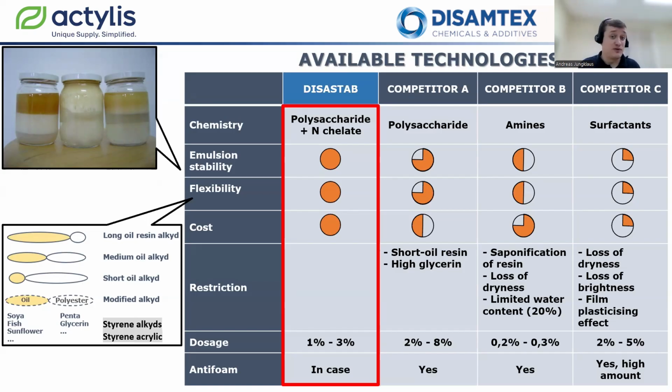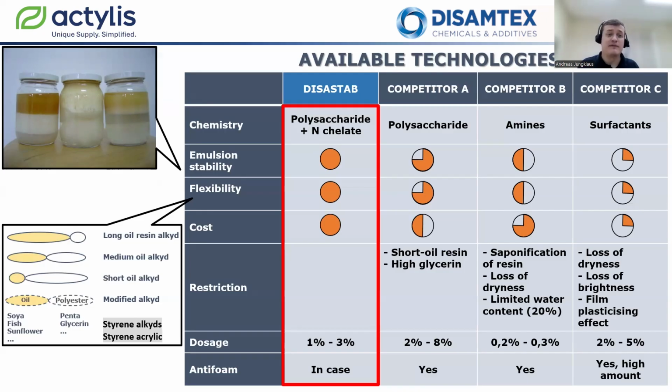You may be wondering. So Disastab range of emulsifiers is based on a polysaccharide plus a nitrogen chelate, offering a balanced performance profile for alkyd emulsions. And compared to competitors, Disastab provides excellent emulsion stability and flexibility while maintaining a low cost.